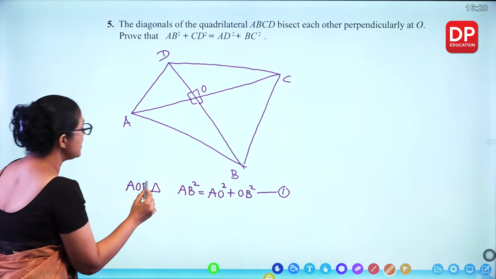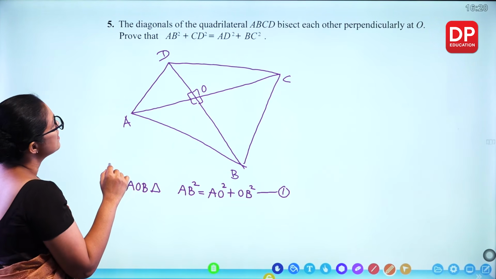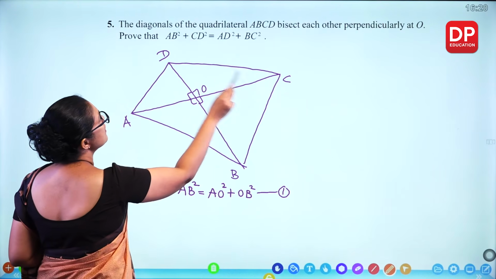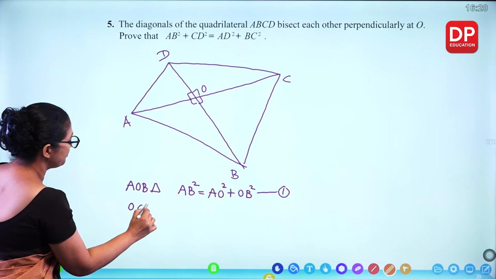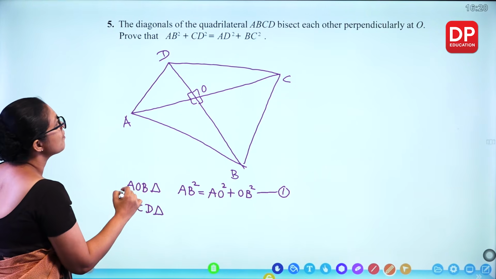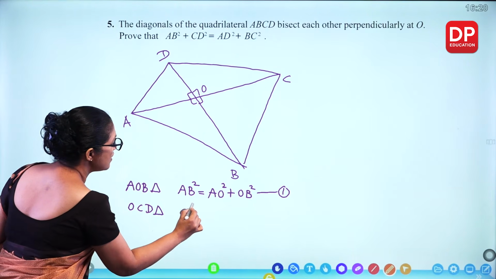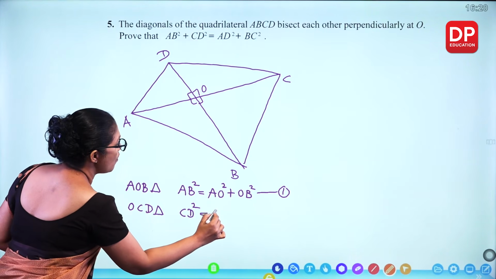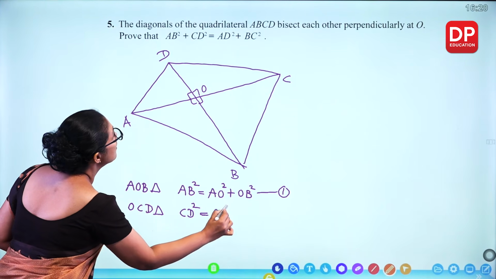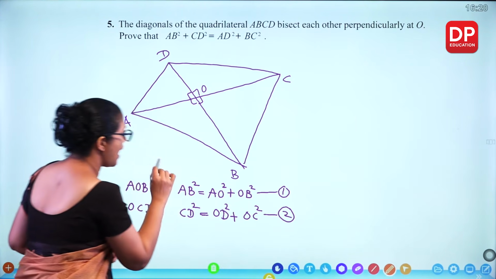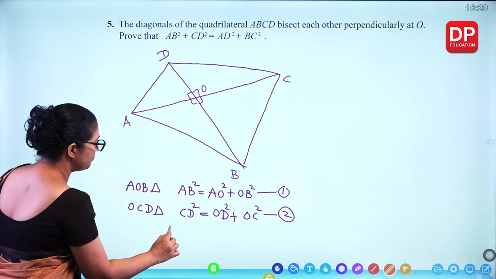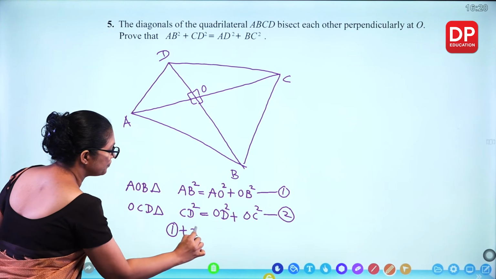Then I need CD squared. CD is in this triangle. OCD triangle. What is CD squared? OD squared plus OC squared. I'll add these two, 1 plus 2.